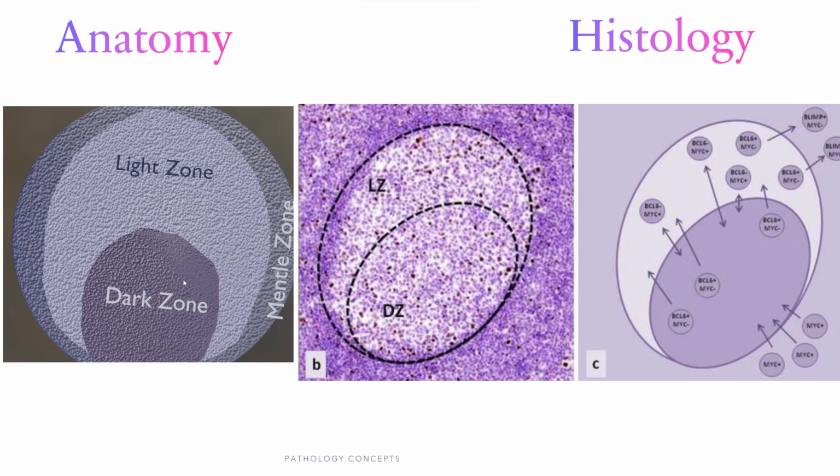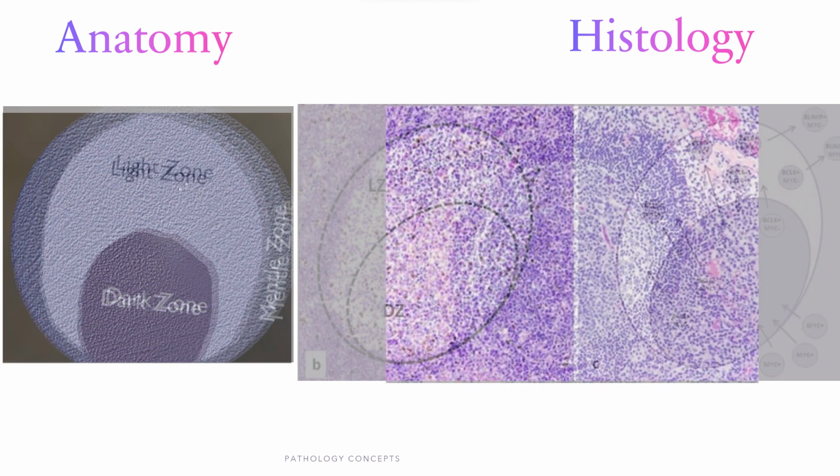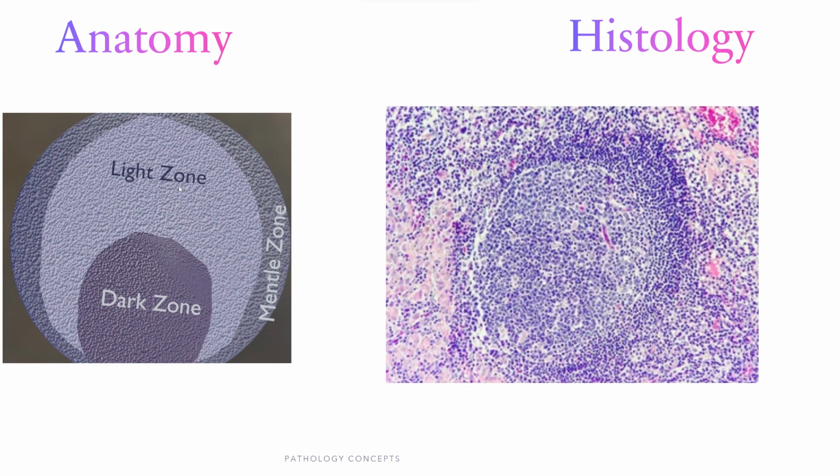They are highly mitotic and they are the source cell for the light zone. The peripheral aspect of the germinal center is composed of quiescent B cells, which is known as the mantle zone. These cells are characteristically intensely basophilic, with small cytoplasmic volume and a heterochromatic nucleus.